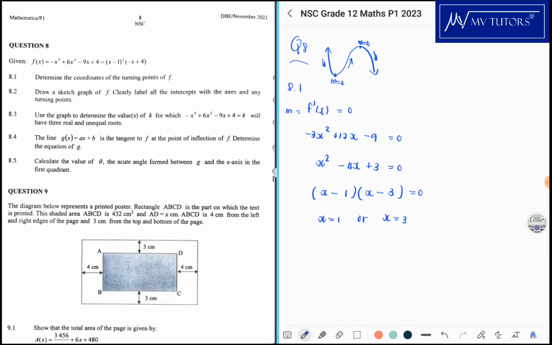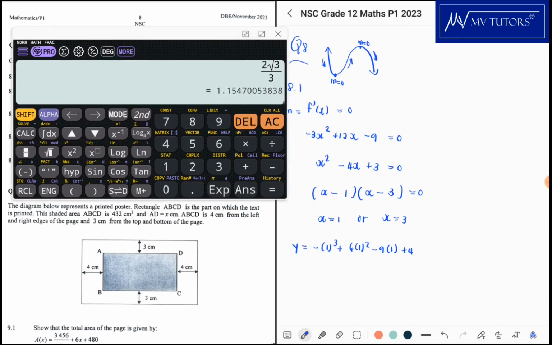Now remember, they asked for the coordinates, not the x values. So once you're done, take the value of 1 for x and let's get the y value. Okay, so we're simply going to put in 1 there. Let me just do it like this so that when we enter 3, it's easy.